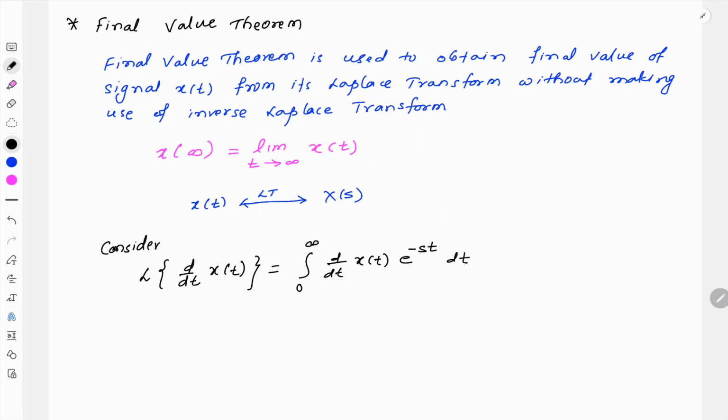So we have the differentiation property of unilateral Laplace transform. Laplace of d by dt of x of t is equal to s into x of s minus x of 0 minus.